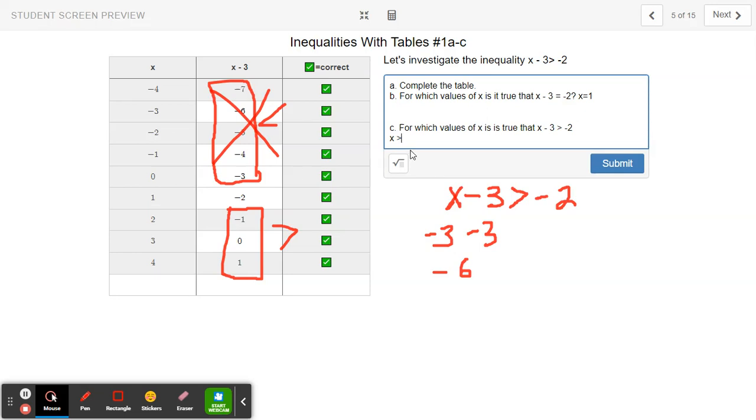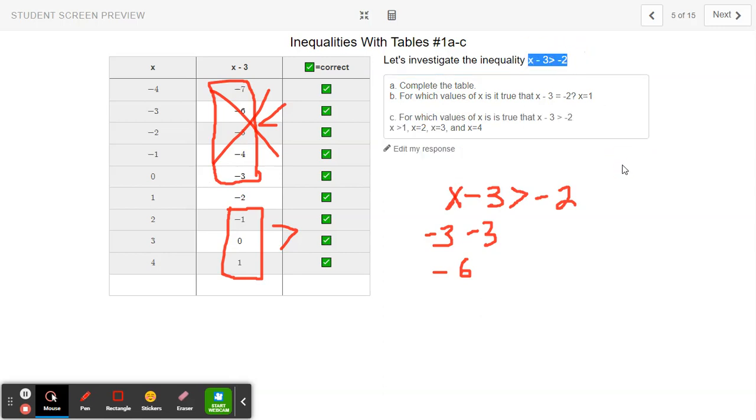So when x is 2, 3, 4, those made that true, which technically, since they're asking which values from the table, it would be x equals 2, x equals 3, and x equals 4. Those all made this particular inequality true.